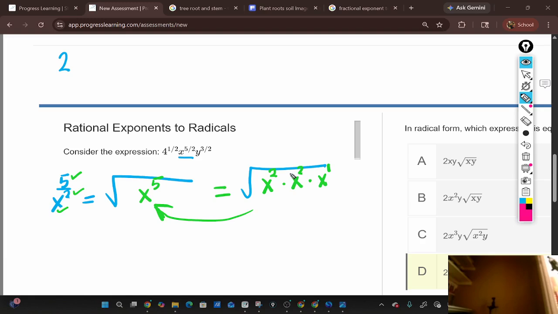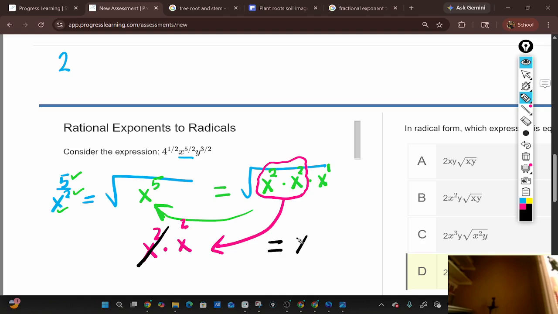Now we use the same strategy: take two similar expressions and take them out like this. x to the power 2 times x to the power 2. Now you can cancel one of them and finally end with x to the power 2 as the answer. Now the x to the power 1 under the root has no other x, so we keep it under the root like this.